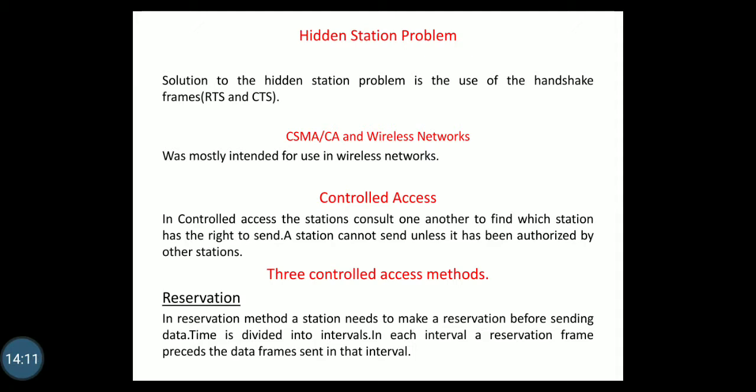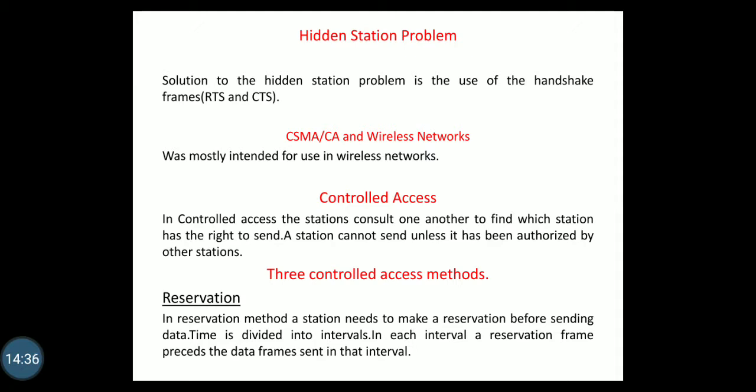Next we'll go for controlled access. In controlled access, the stations consult one another to find which station has the right to send. A station cannot send unless it has been authorized by other stations. There are three controlled access methods that will be discussed.